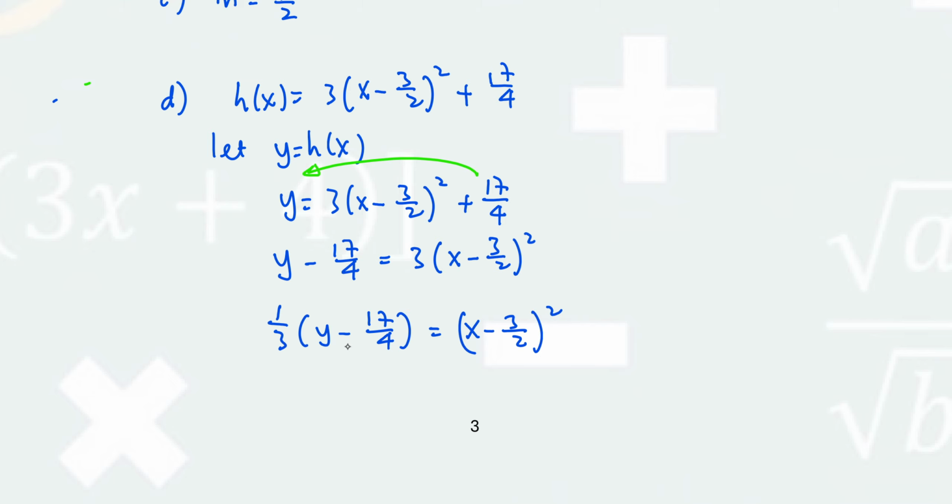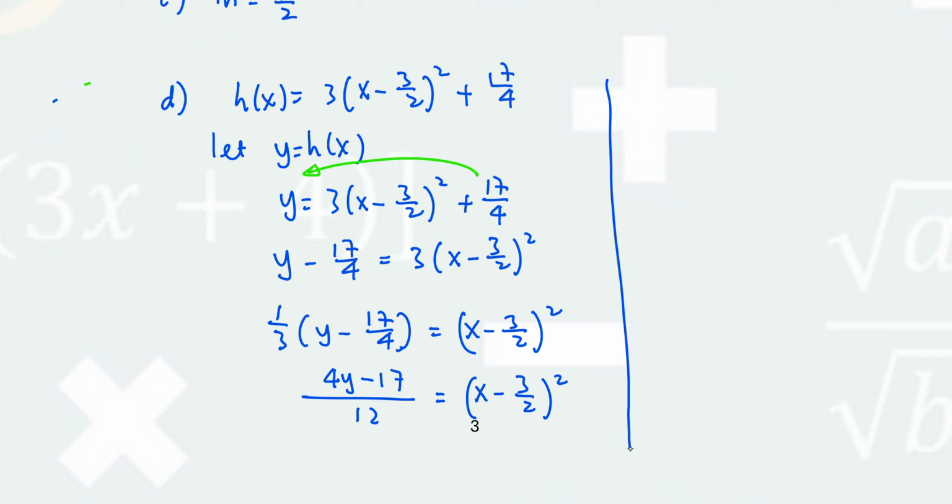Then you can get the same denominator for the left hand side. So I make it over 12 because of the 4 here. So the y becomes 4y minus 17 over 12 equals to x minus 3 over 2 bracket squared.